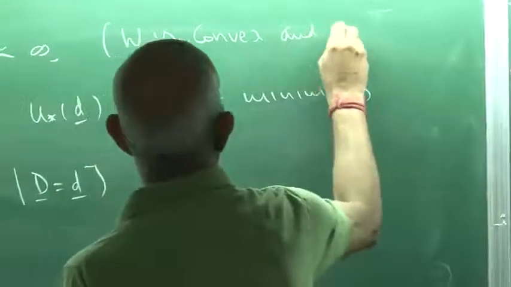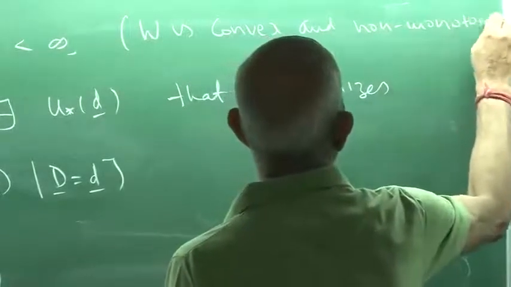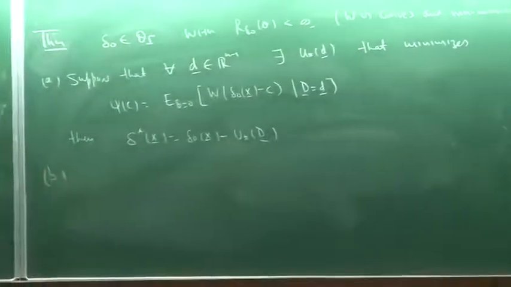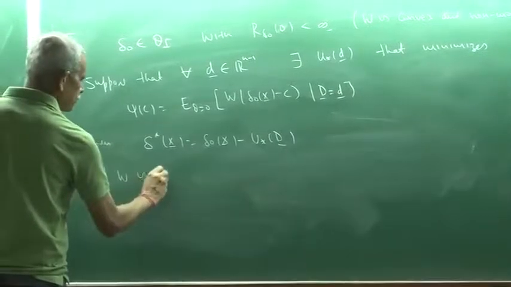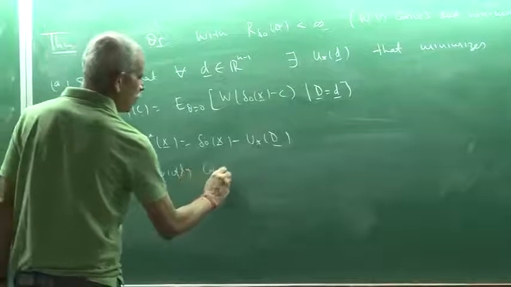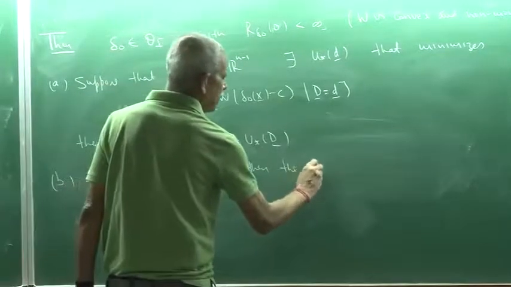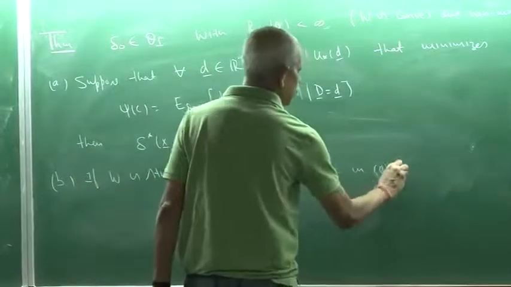These are assumptions which we make throughout, because that only guarantees that there will be a minimum. Now, if W is strictly convex, then the MRE in A is unique.